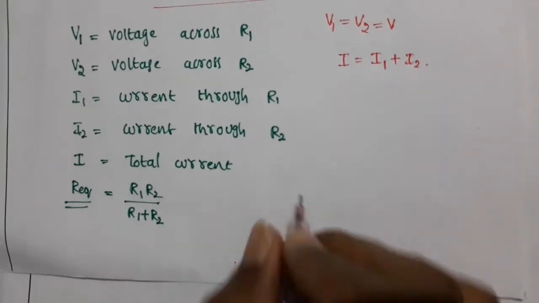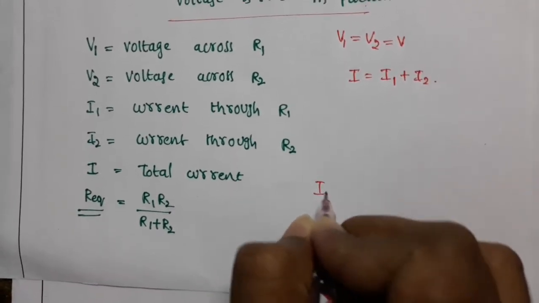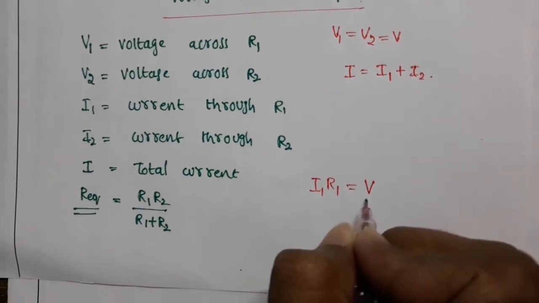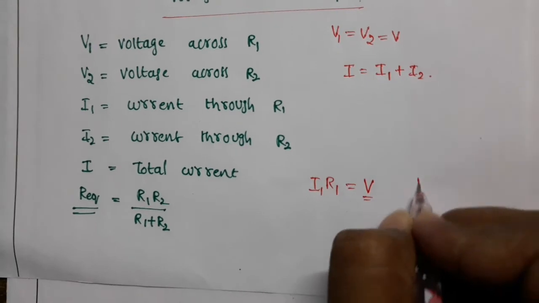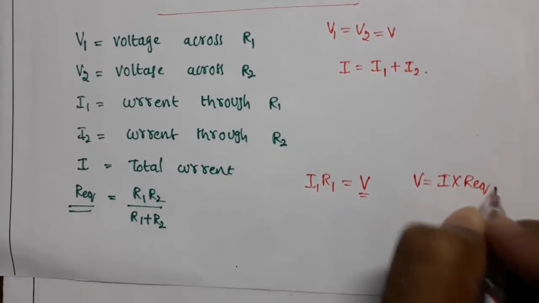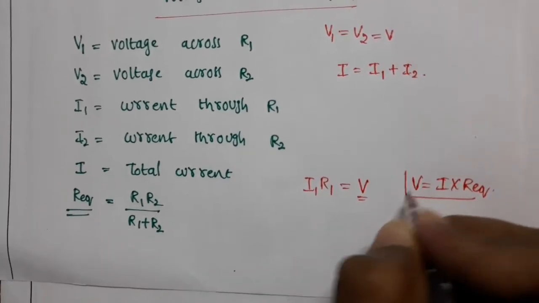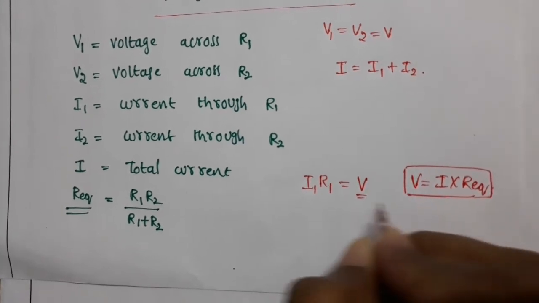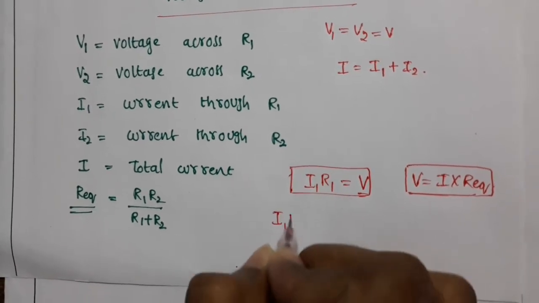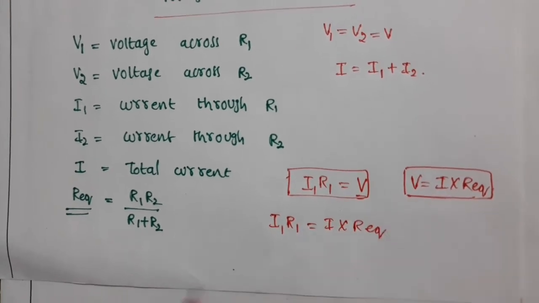We know I1 into R1 equal to V, where V equal to total current I into R equivalent. So I am substituting this equation in this equation. So I1 into R1 equal to I into R equivalent.